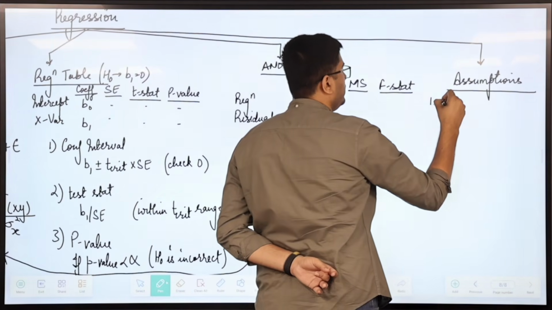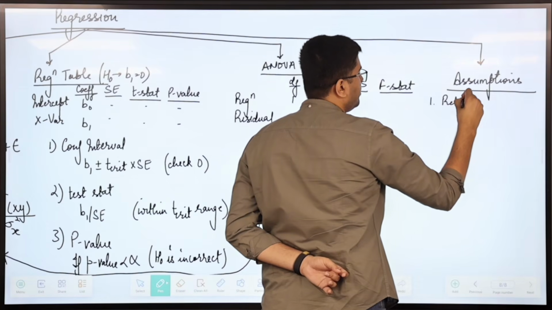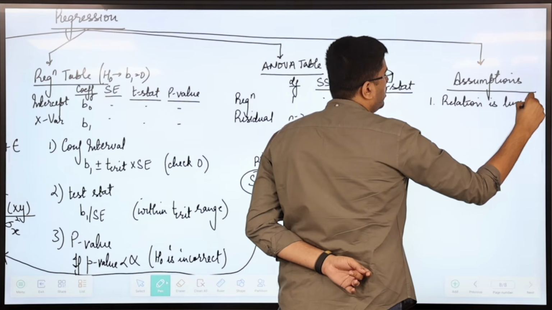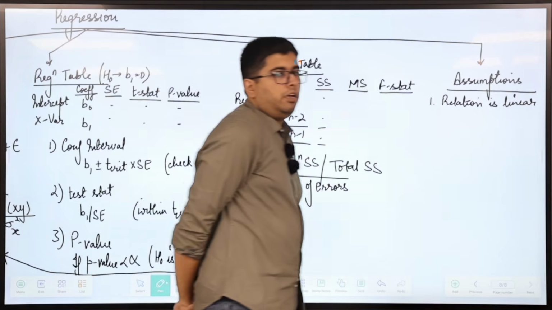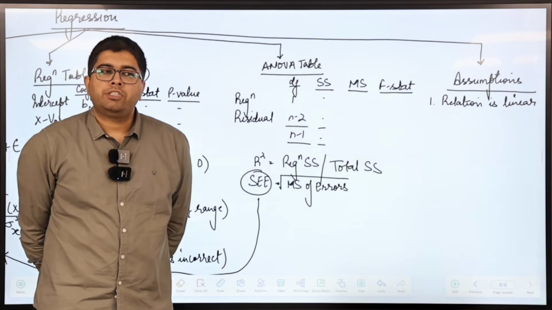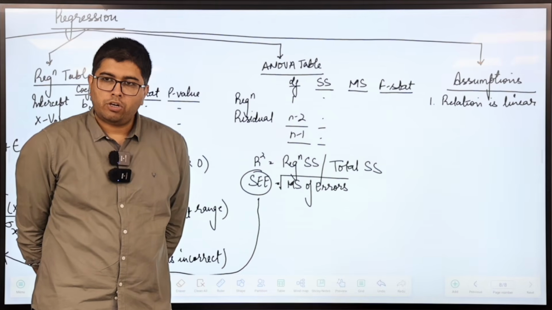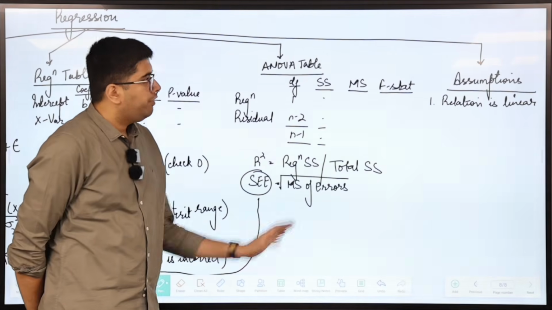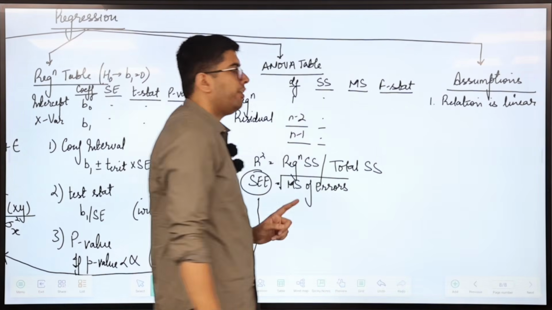The first assumption is that the relation is linear. If the relation between variables is not linear by default, and you still wish to use regression, then we have to change the model specification.